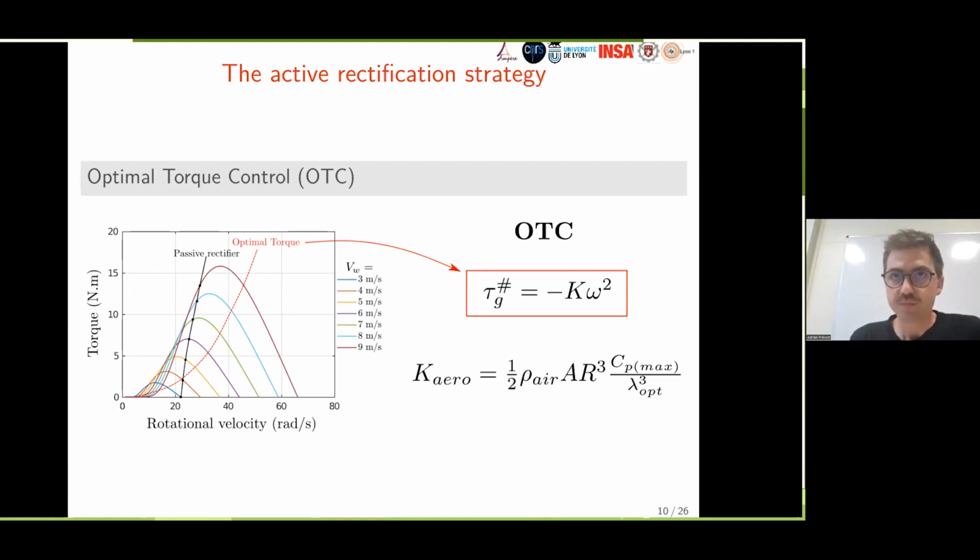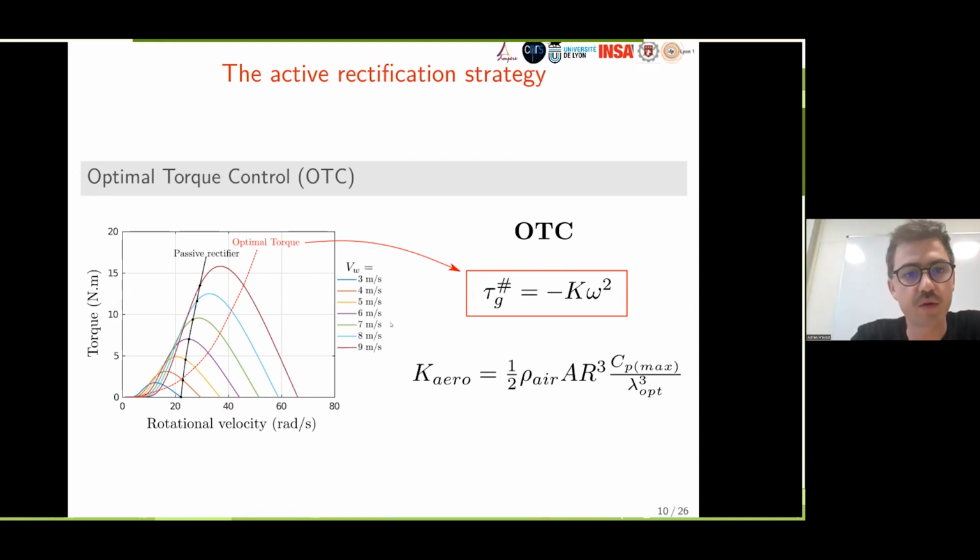The main drawback of optimal torque control is a kind of delay that can happen during wind transients in the torque response of the wind turbine. But in our case, it's attenuated by the fact that small wind turbines have a low inertia. So that's why we use this.